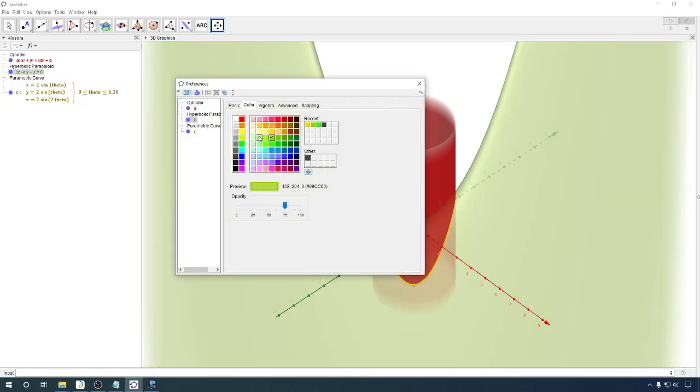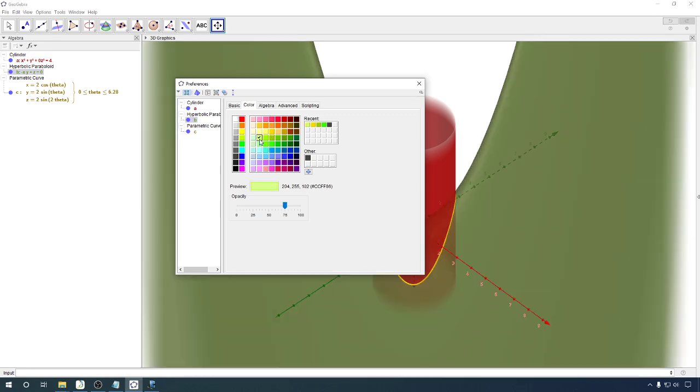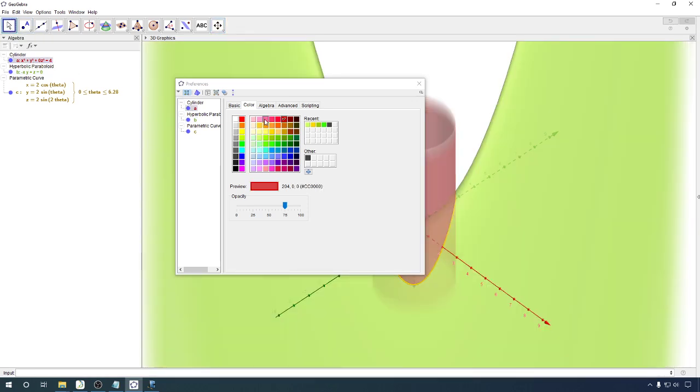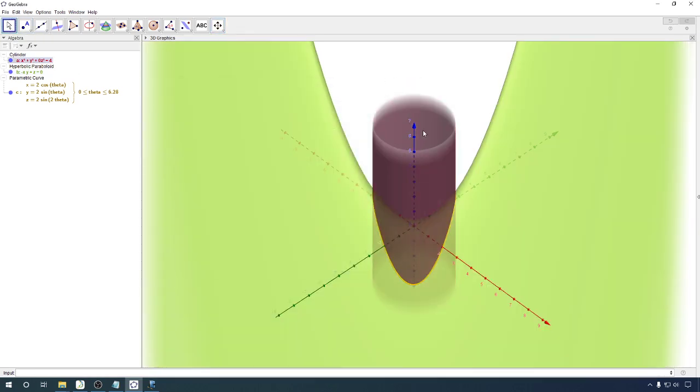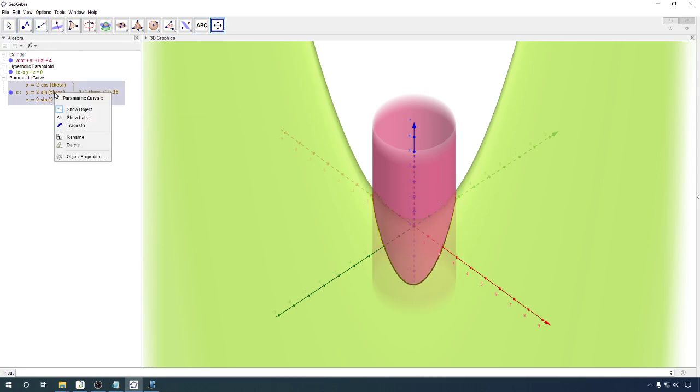Let's make this a little less visible. Those are a little bit lighter, so you can see now. That's not really showing up as well as I'd like it to.